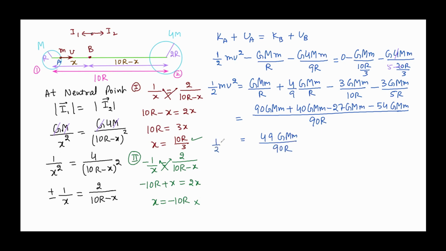And on the left-hand side, it is half m v square. If I solve it, m is cancelled with m, and this 2 is cancelled and it is left with 45. So my answer will be, velocity is the square root of 49 GM by 45r.